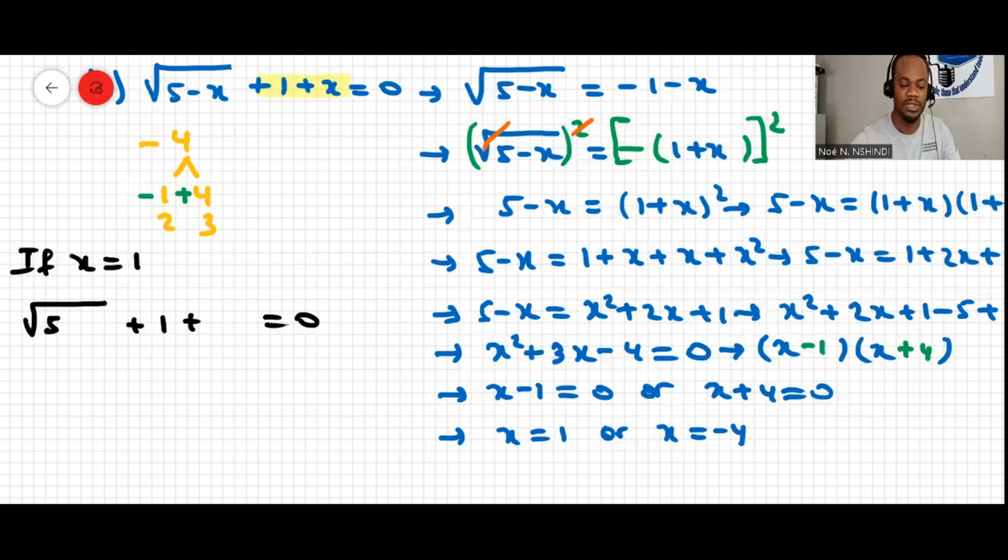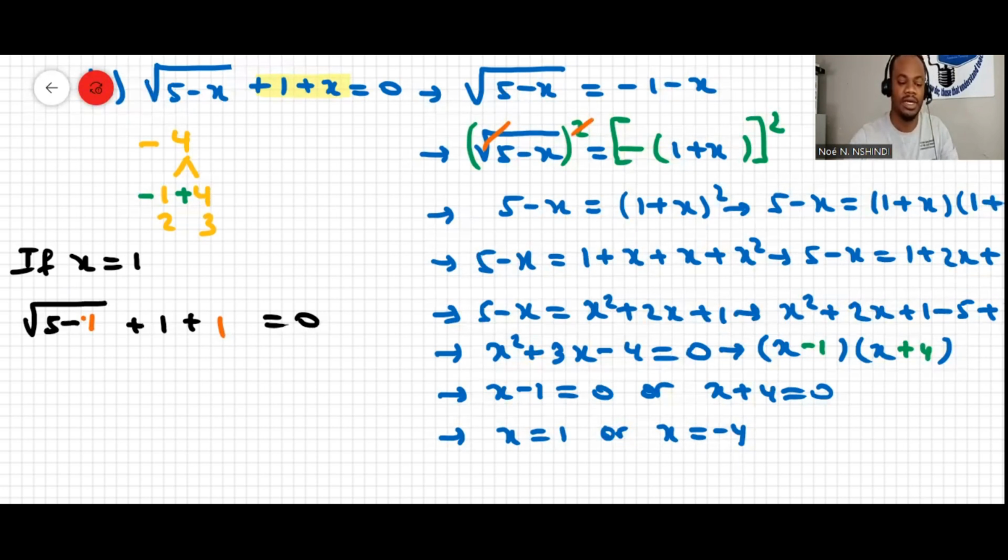Now substitute the values, so it was 1 here, 1 there. So 5 minus 1, so the square root of 5 minus 1 plus 1 plus 1 equal to 0.